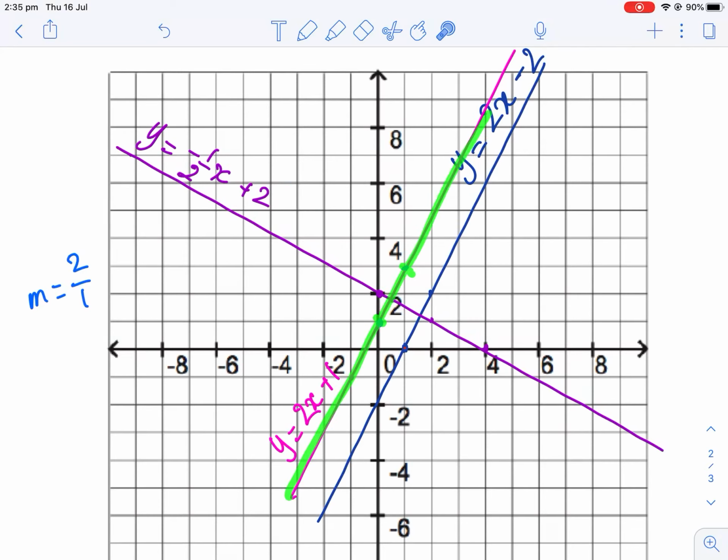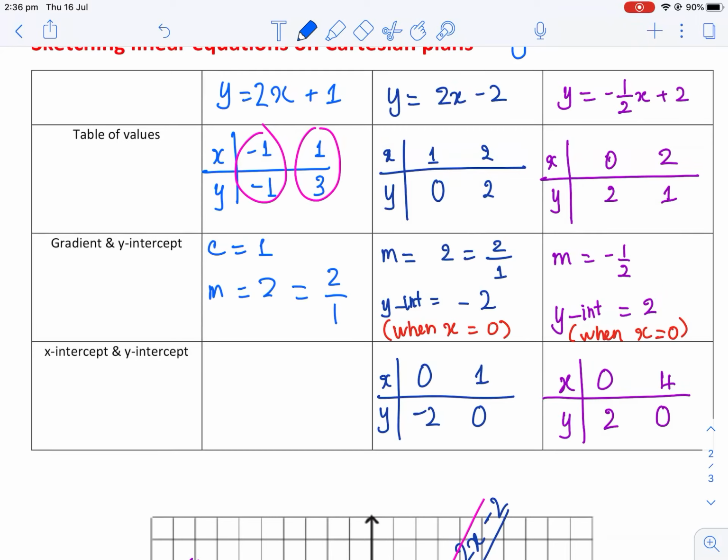All right, the last method, x-intercept and y-intercept. We will have the x-intercept when y equals 0. And the y-intercept, you get it when x equals 0.